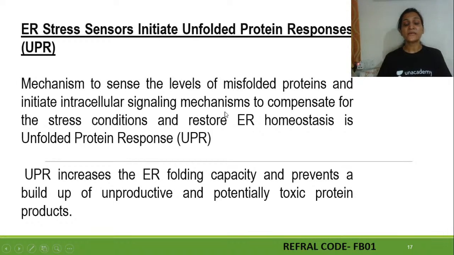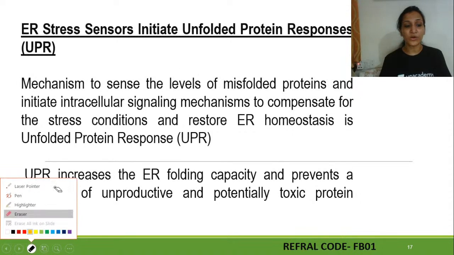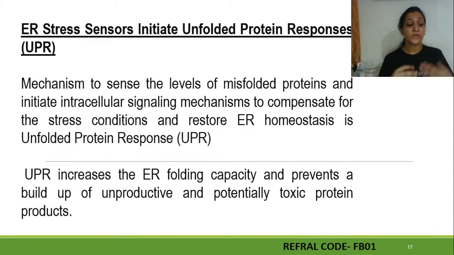Now, endoplasmic reticulum stress sensors initiate the unfolded protein response. The mechanism to sense the levels of misfolded proteins, and initiate the intracellular signal mechanism to compensate for the stress condition and restore ER homeostasis, is the unfolded protein response. If the proteins are not properly folded, is there any mechanism to check whether they are folded properly or not, or any rescue mechanism so that your cell does not contain improperly folded protein? That all occurs in your ER.